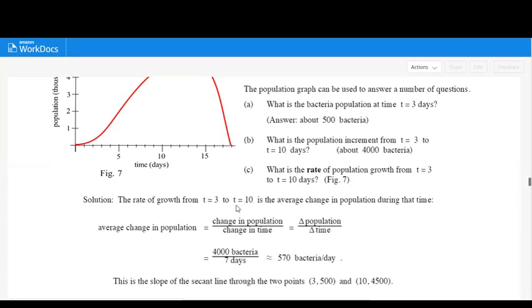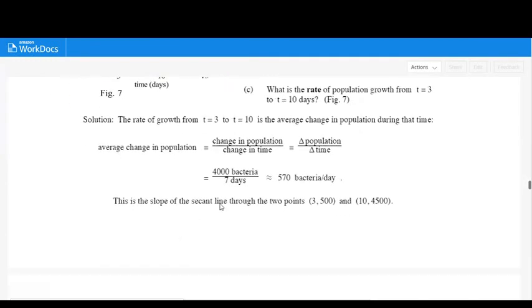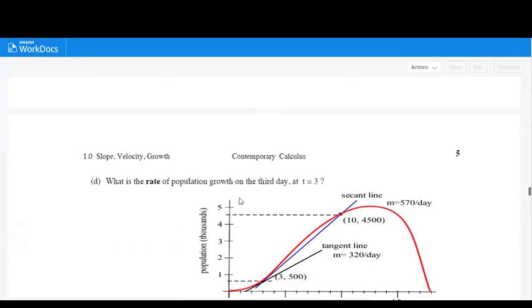And then for that time, t minus 3, that's 7. 10 minus 3, that's 7. So, 4,000 over 7, that is 570 bacteria a day. So, now this is the slope of the second line through the 2 points. Na 3, 500 and then 10, 4,500.